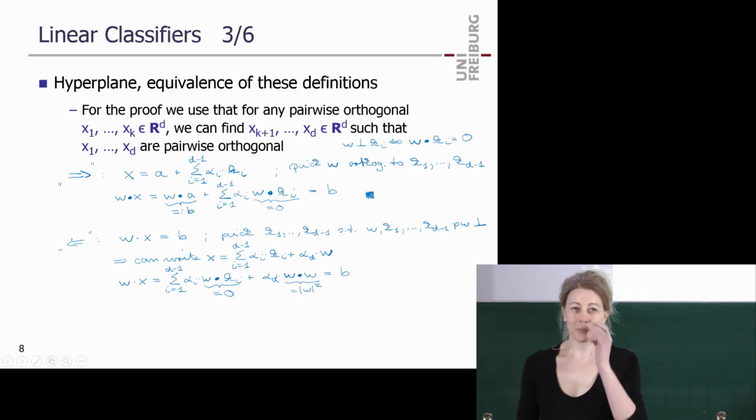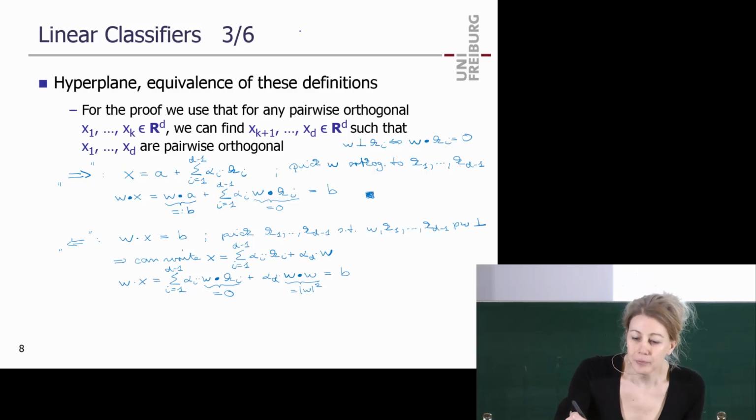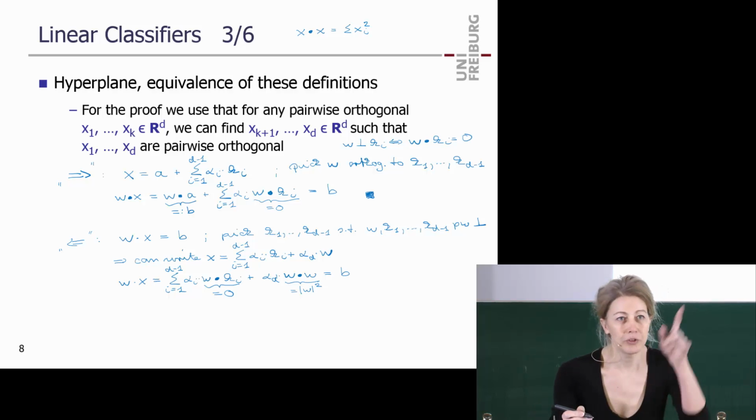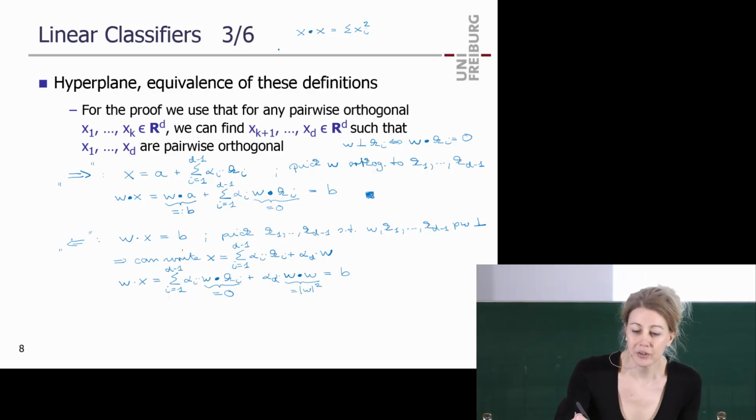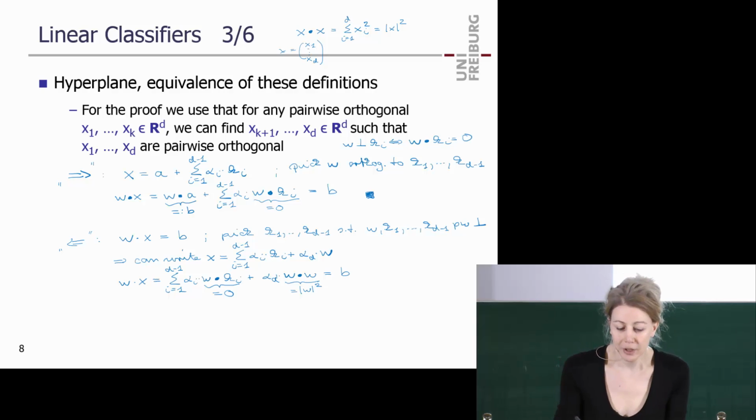The dot product of a vector with itself is just the sum of the components squared, which is something we used many times already. So it's the norm of the vector squared, and the norm is just the square root of the sum of the components squared.